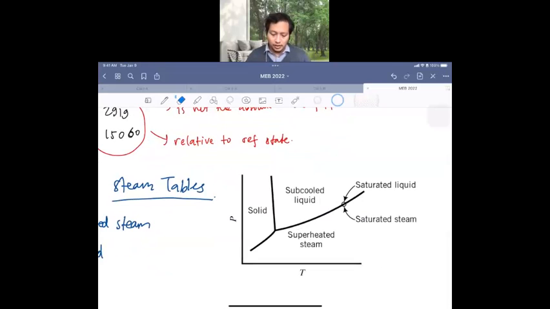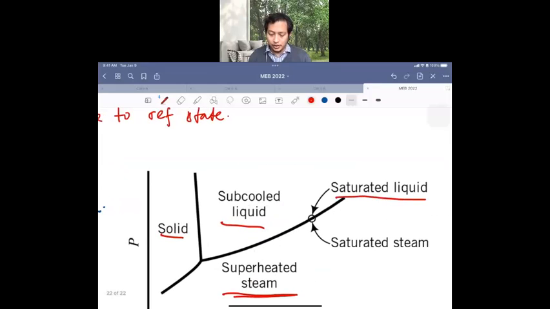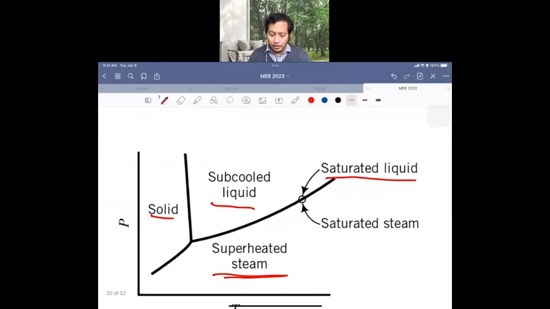The left part is subcooled liquid, and this is the saturated superheated steam. In this equilibrium, right before it crosses the boundary, we call this the saturated liquid. If we cross the line, it's called the saturated steam or vapor.